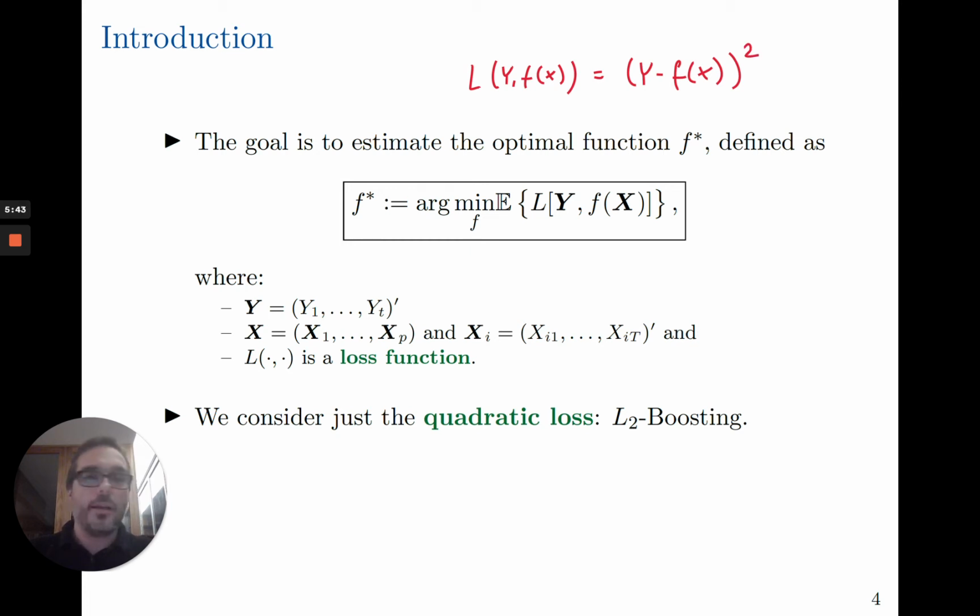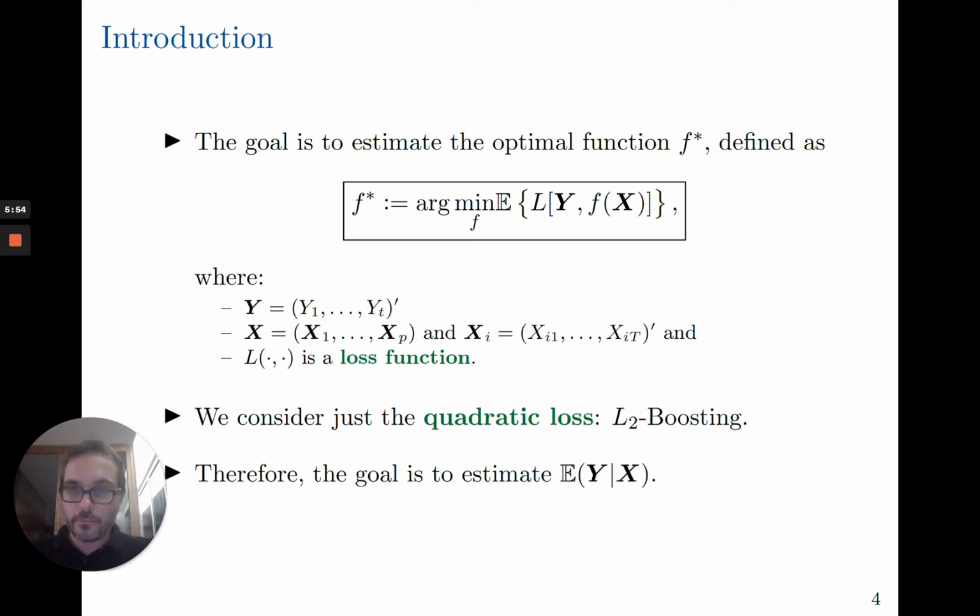So that will be our loss function, or we can write this as the square L2 norm in vector form. Okay? So our goal is to estimate the expected value of y conditional on x. We want to approximate the conditional expectation. Okay?